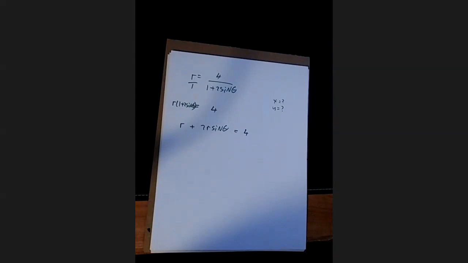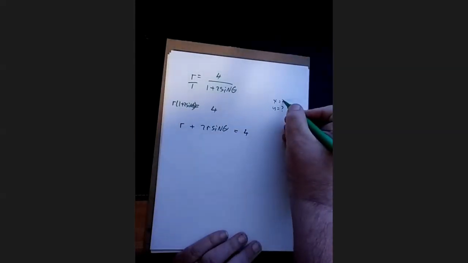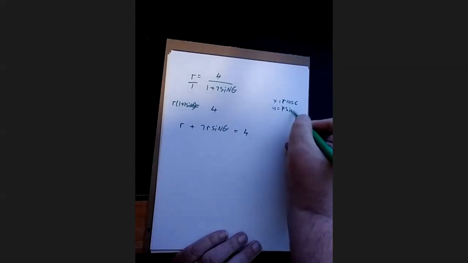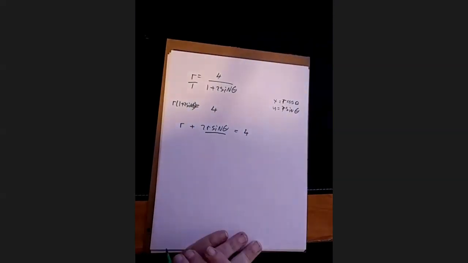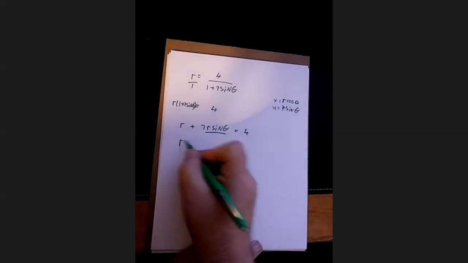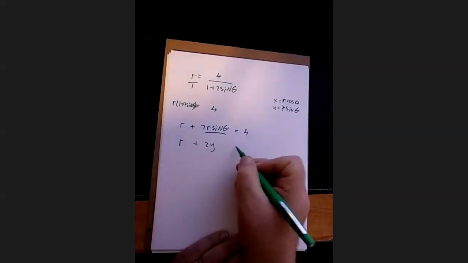Now, there's only one piece of this puzzle right now that I can actually do anything about. See this guy here, isn't he Y? So I have R plus 2Y equals 4.